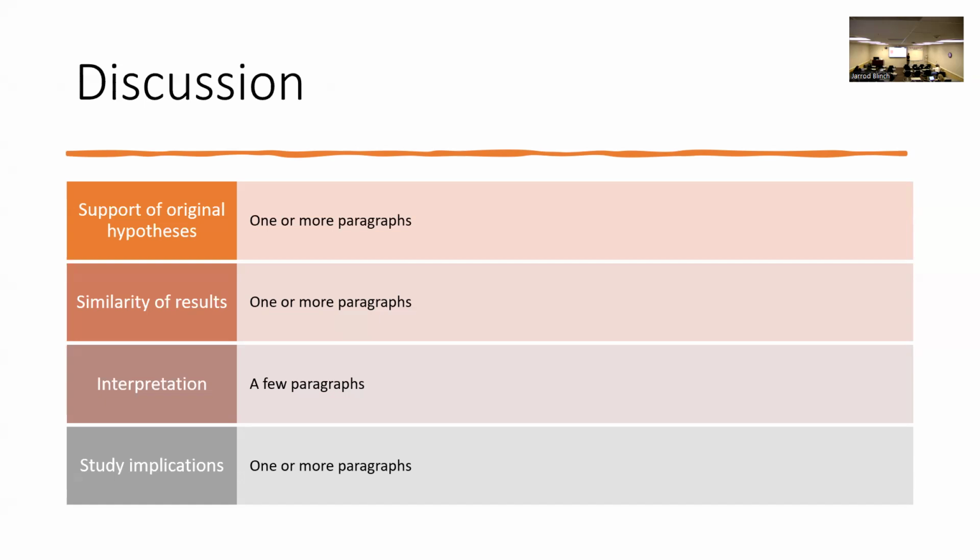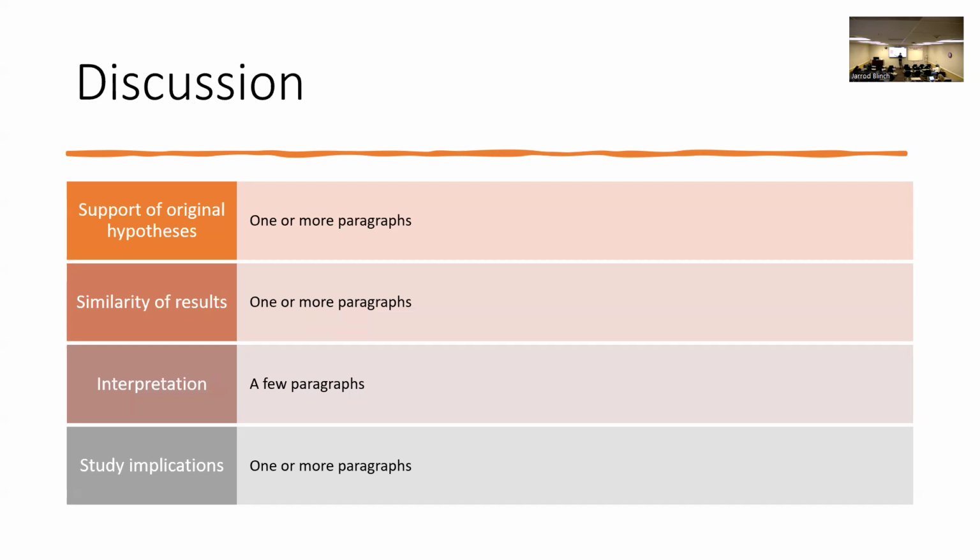But here's some advice on what to do in the different sections. You start with the support of your original hypotheses, and we'll break these down. This could be one paragraph or more, at least one. Then you want to talk about the similarity of your results to other experiments that have done a similar experiment. Again, that could be one paragraph, or if there's a lot to go into, more than one.